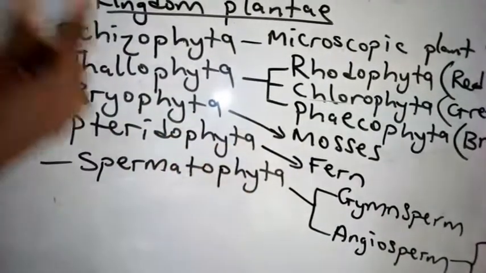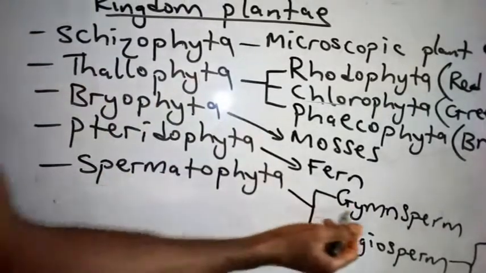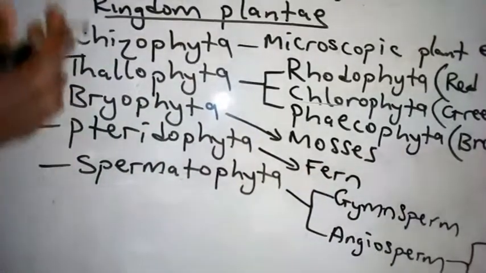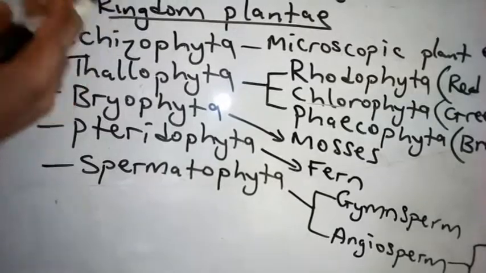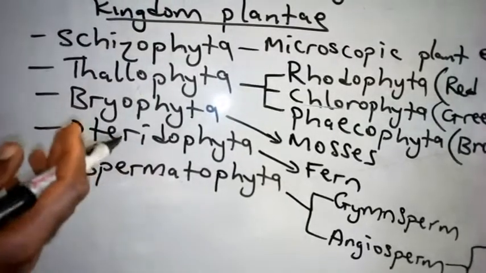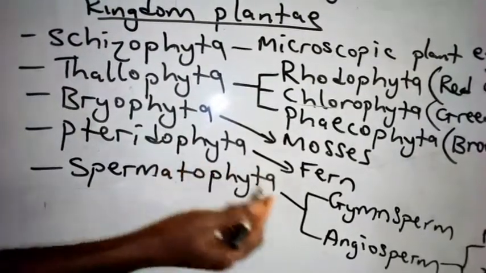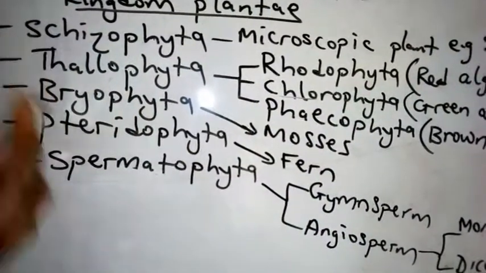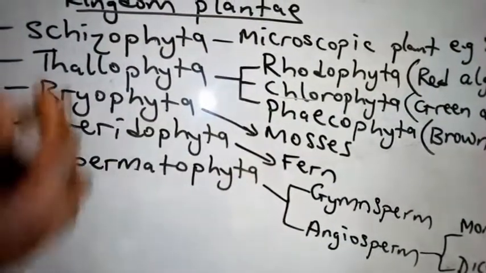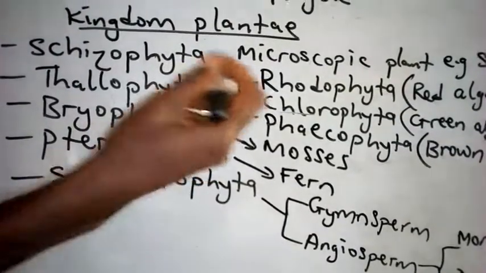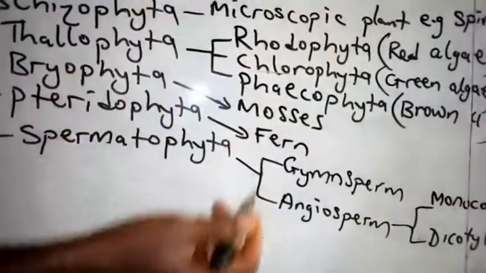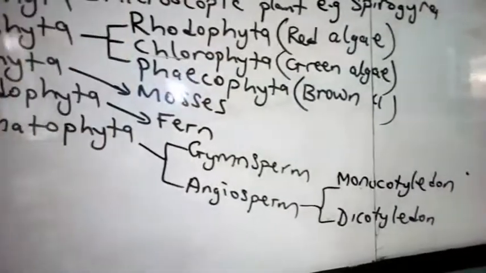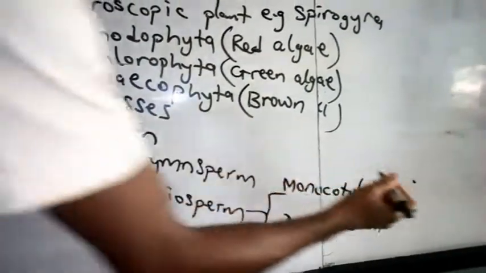Spermatophyta is divided into two groups. We have the gymnosperms, which are plants that do not produce flowers. Then we have the angiosperms, which are plants that produce flowers, and these plants with flowers are further divided into two: the monocotyledon and the dicotyledon. An example of a monocotyledonous plant is maize.